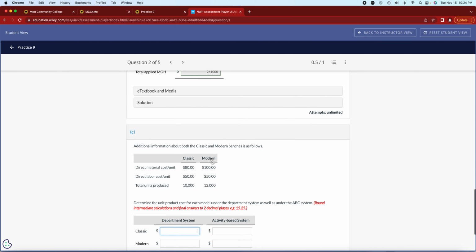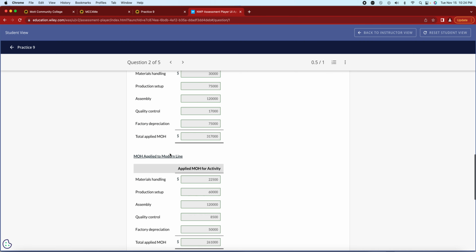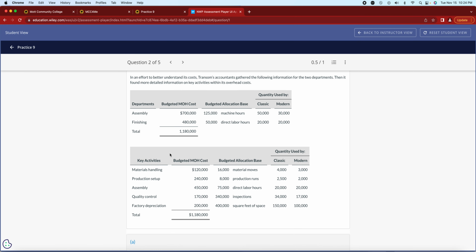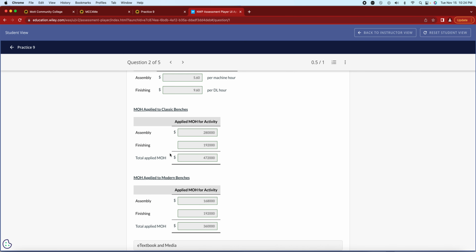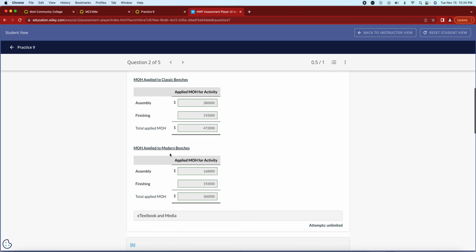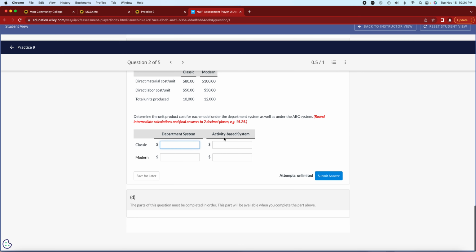using the departmental system here, I have to go back up to the top. And for this, I have a total. Where did we get the total here? Okay. We have a total of $472,000 here in manufacturing overhead.